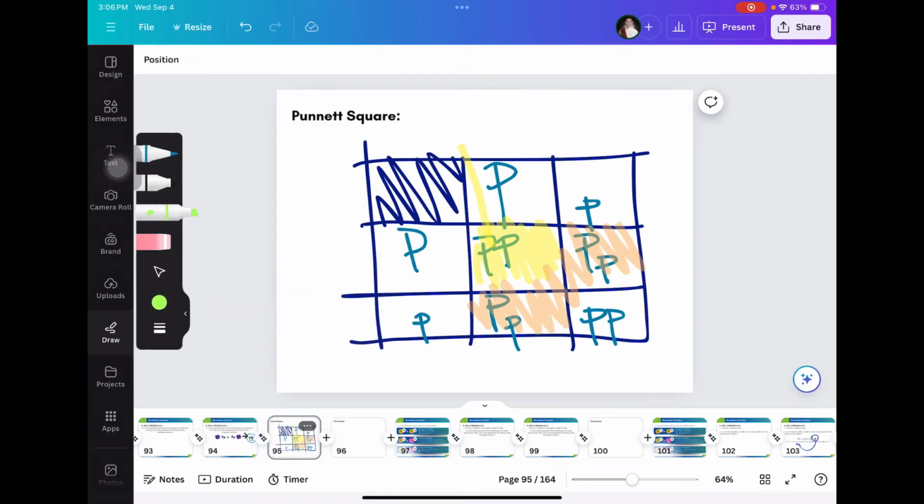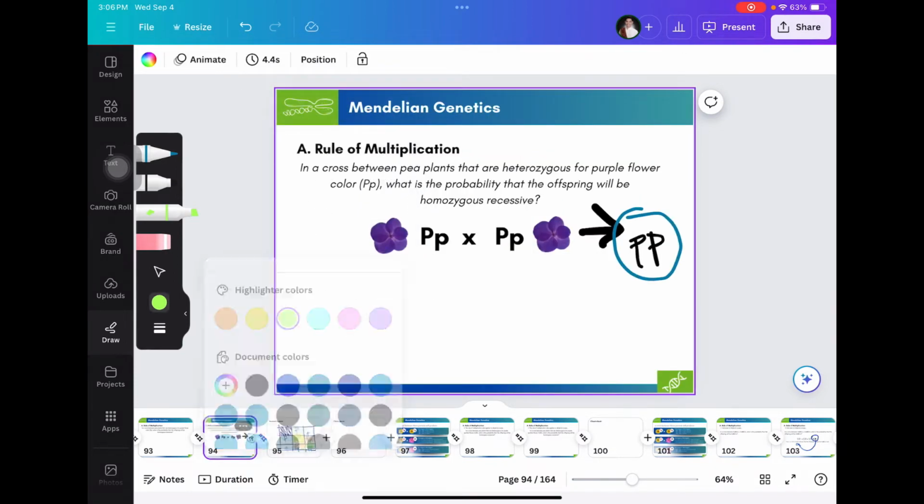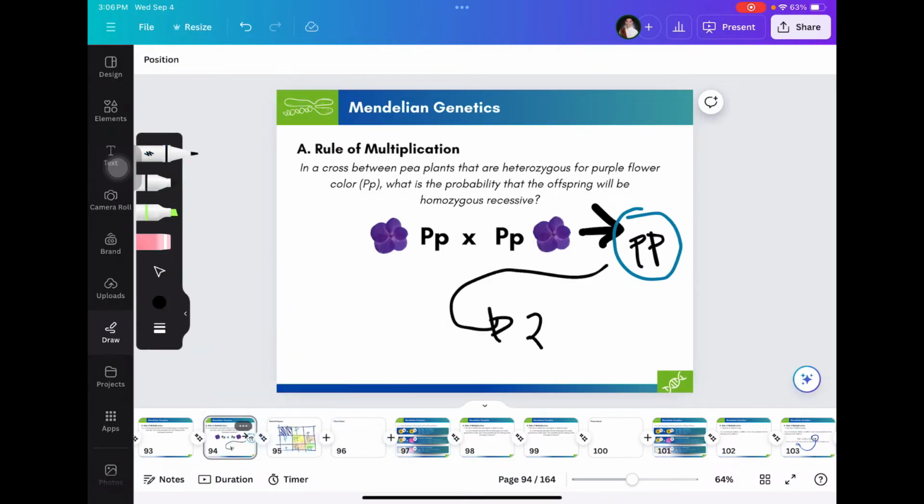And lastly, there is only 25% that our offspring will be homozygous recessive. So the answer in this one is 25%, or technically 1/4.